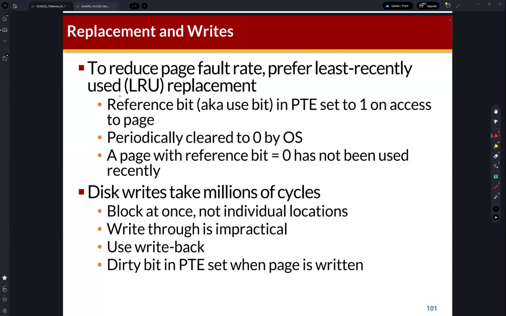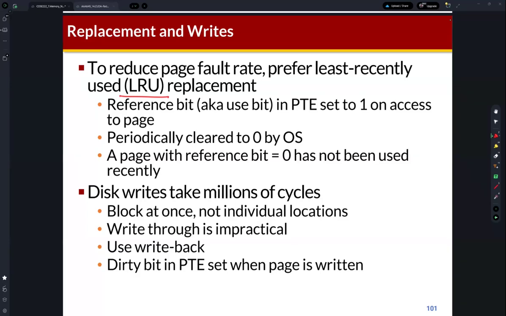Actually, we can use LRU replacement. We learned about the LRU, the least recently used policy, in cache, so we can also manage the pages like LRU, right?